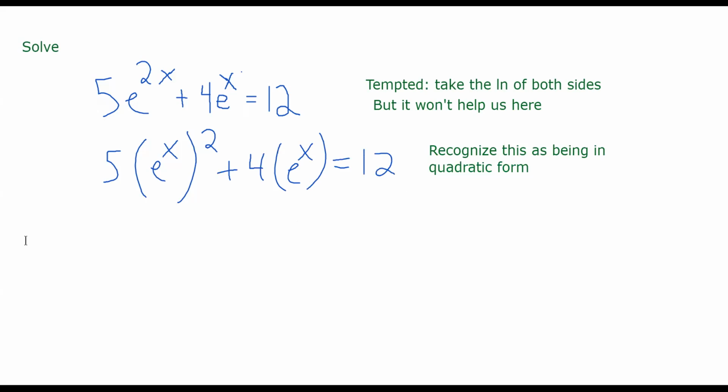Because to make a substitution, we're going to say that y is equal to e to the x. Just like we did back in, I think, chapter 2, when we were solving equations that had a quadratic form to them.